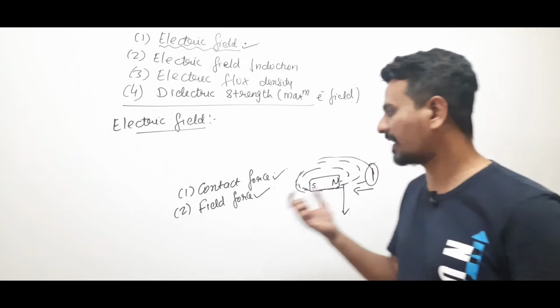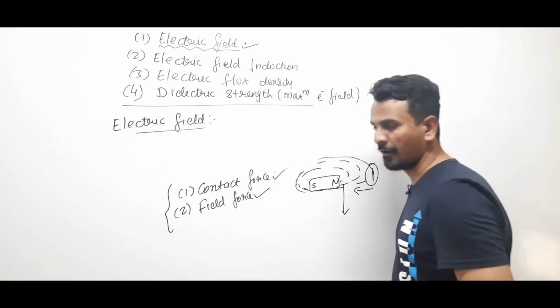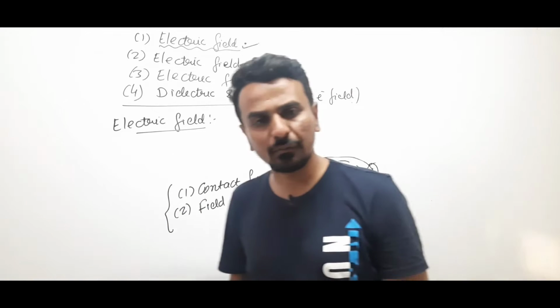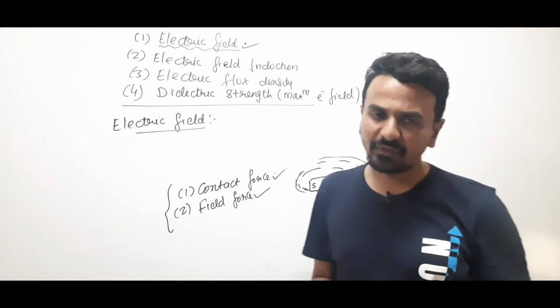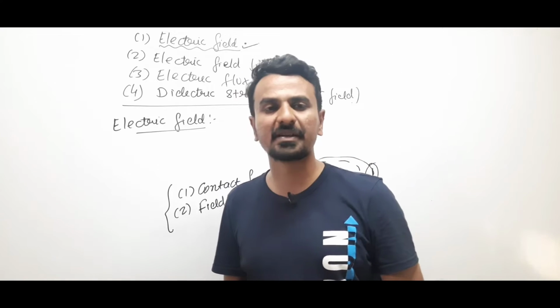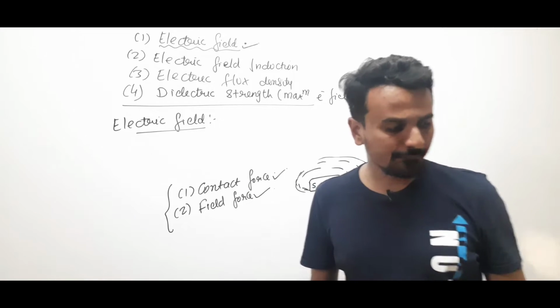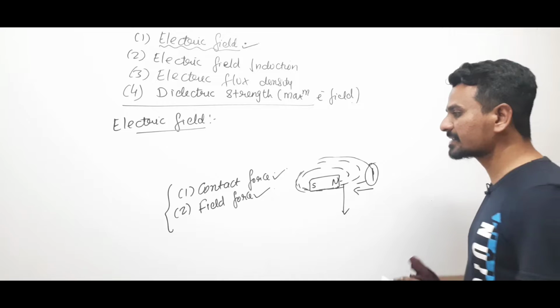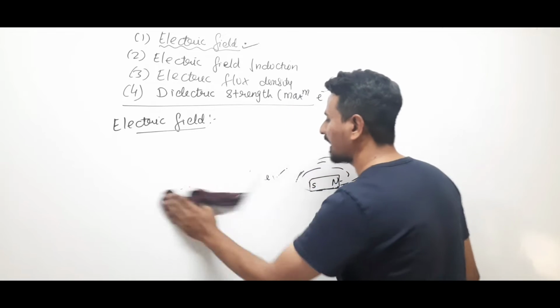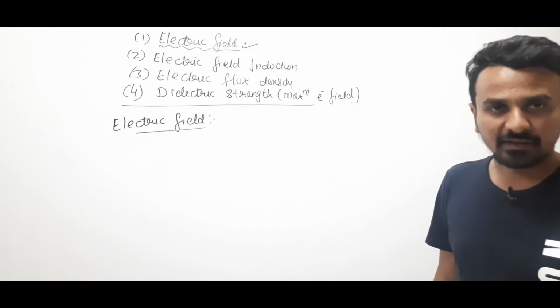Clear? So mainly there are two types of forces. First one is contact force and another is field force. Field force means you don't have to make any physical contact, but the object will experience a force because of the field created by any other object. In the same way, we discussed Coulomb's law, the force between two stationary point charges.